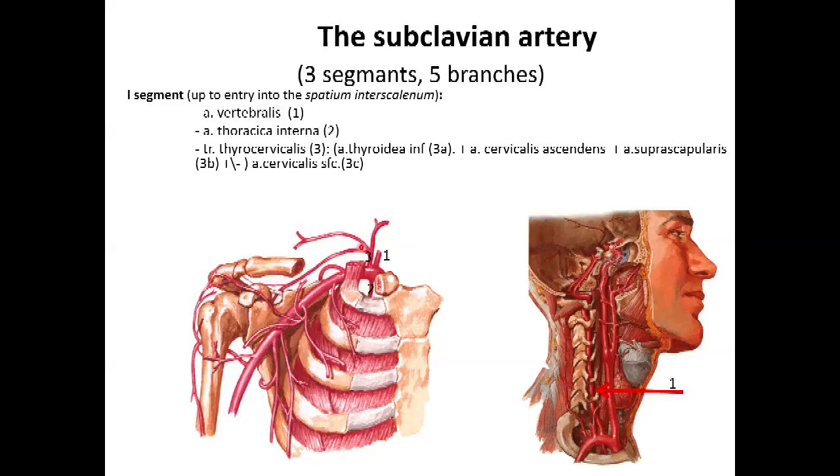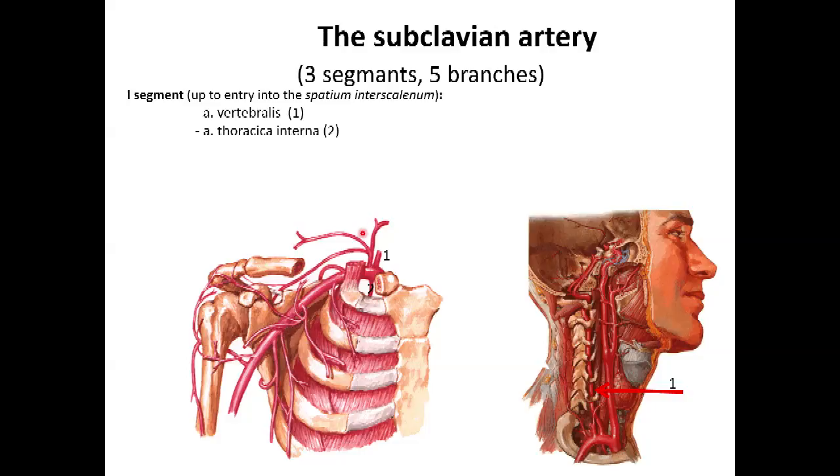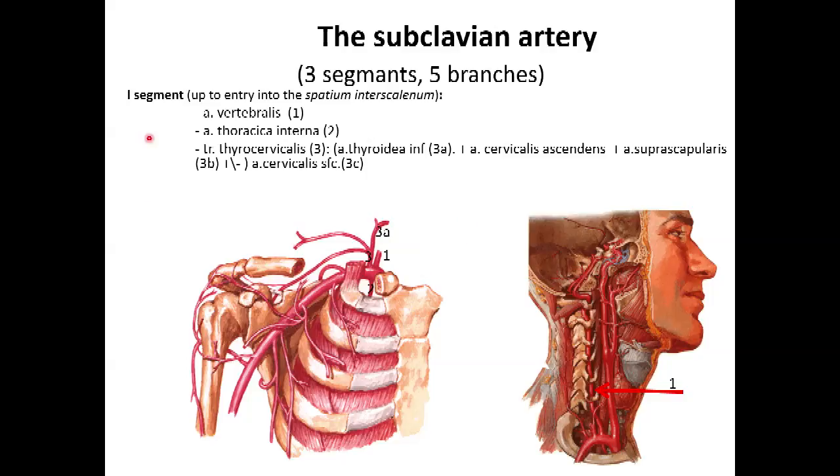And then number 3, this vessel is very short, so I again cleaned this designation number 3, and you can see that it is so short, not more than 1 centimeter, very often less than 1 centimeter, and the designation is number 3, truncus thyrocervicalis.